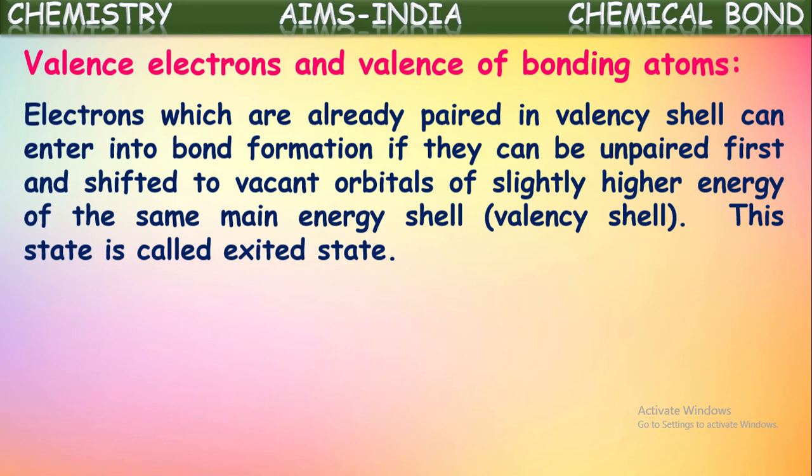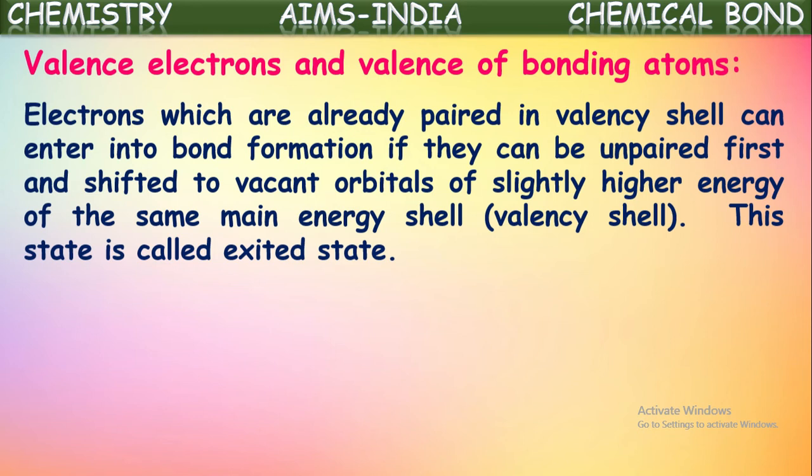Generally, the single electrons present in the valence shell orbitals, that is, half-filled atomic orbitals, will participate in the bond formation, and hence those single electrons will be paired. In the other way, the electrons present in paired form in the valence shell can also participate in bond formation when a certain amount of energy is supplied to that atom.